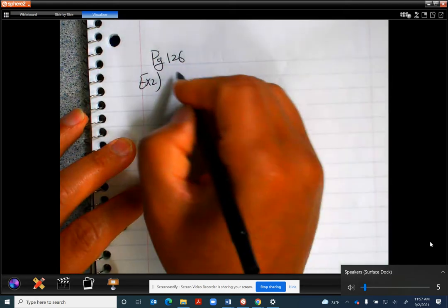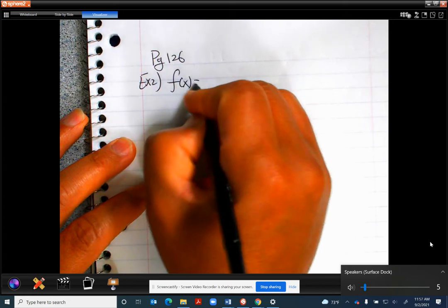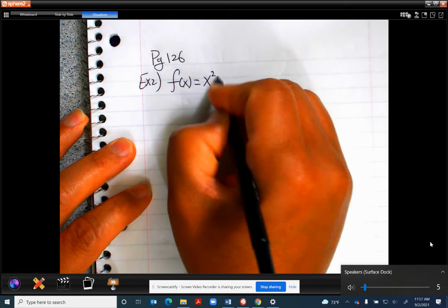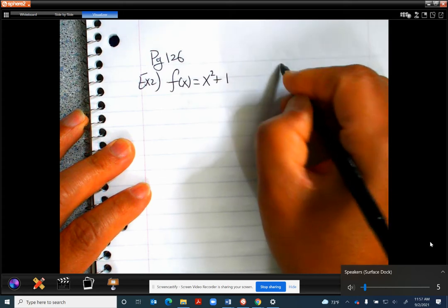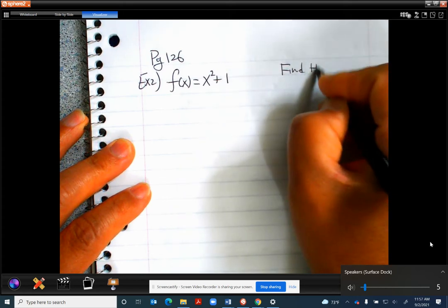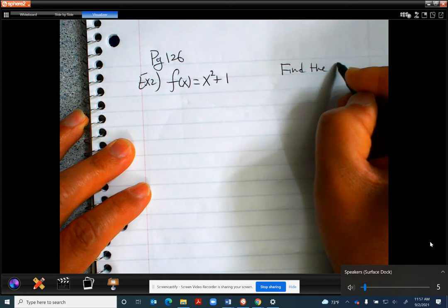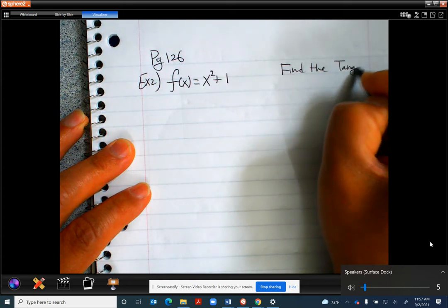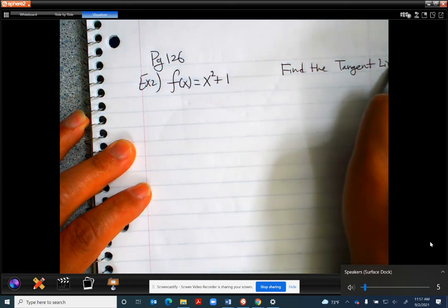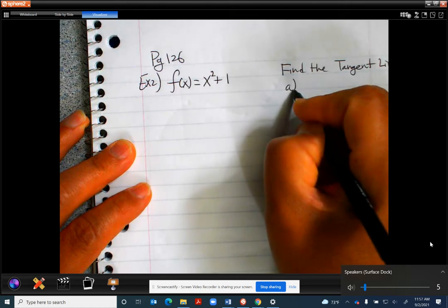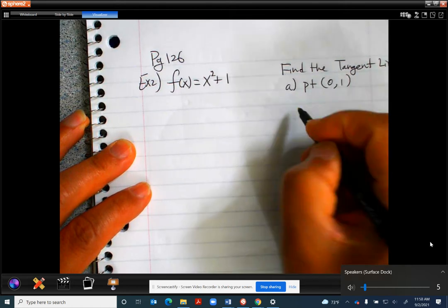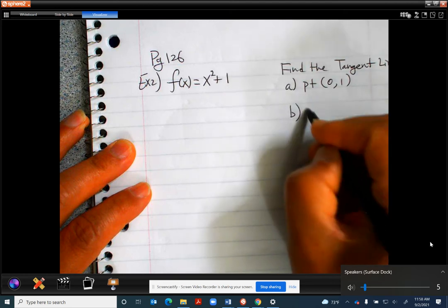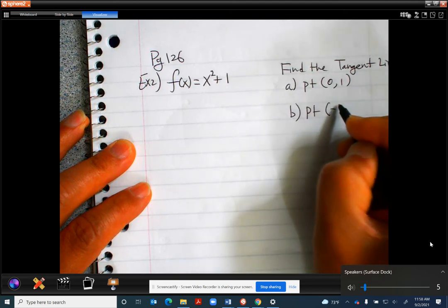It says f of x is x squared plus 1, and you want to find the tangent line. Part A, where you have a point at 0, 1, and part B, you have a point at -1, 2.